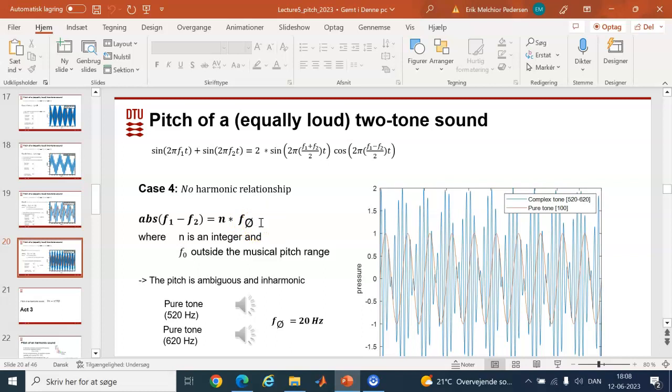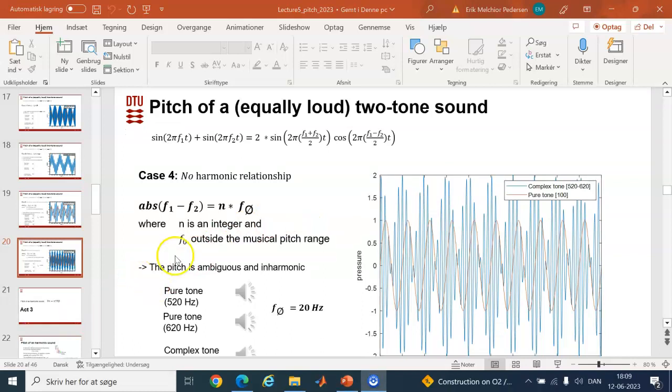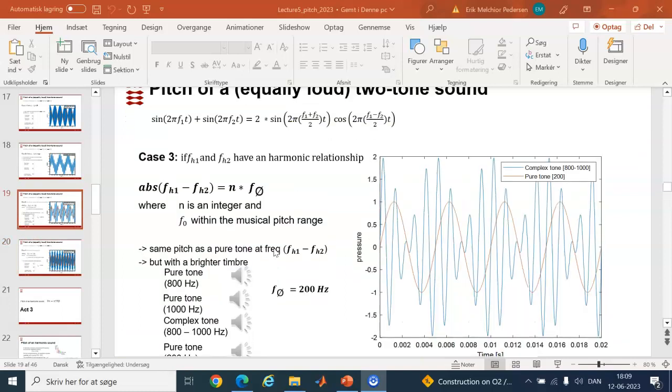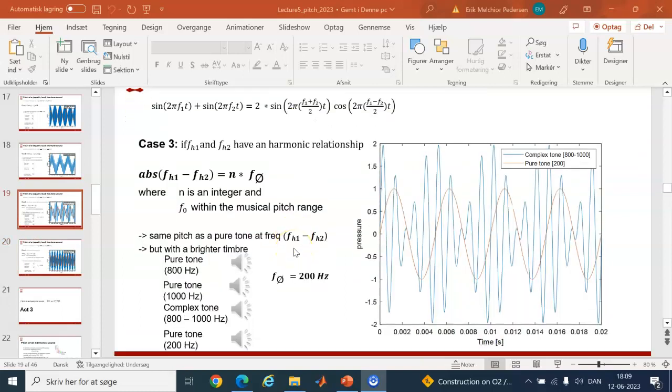That confused me a little bit, because it should be different from n times the fundamental frequency. Okay, no, that's true. The absolute difference is n times the fundamental frequency. N is still an integer, but f0 is outside the musical pitch range. Up here it was inside the musical pitch range.